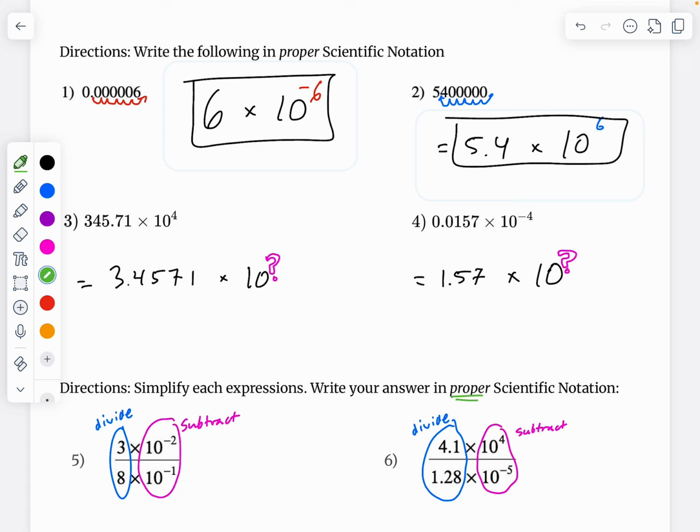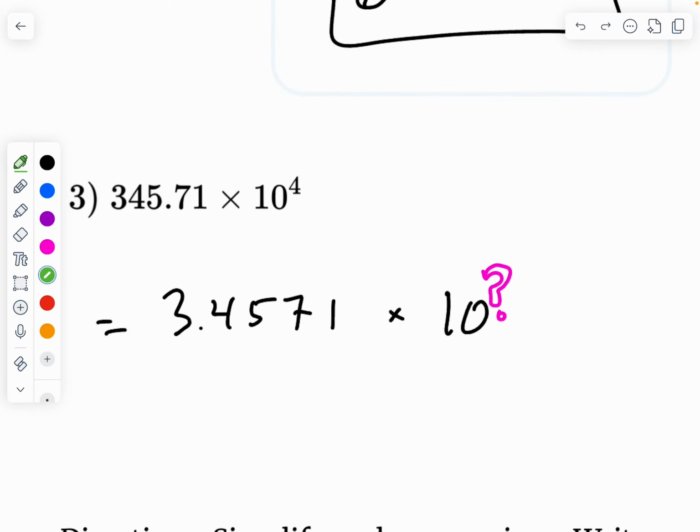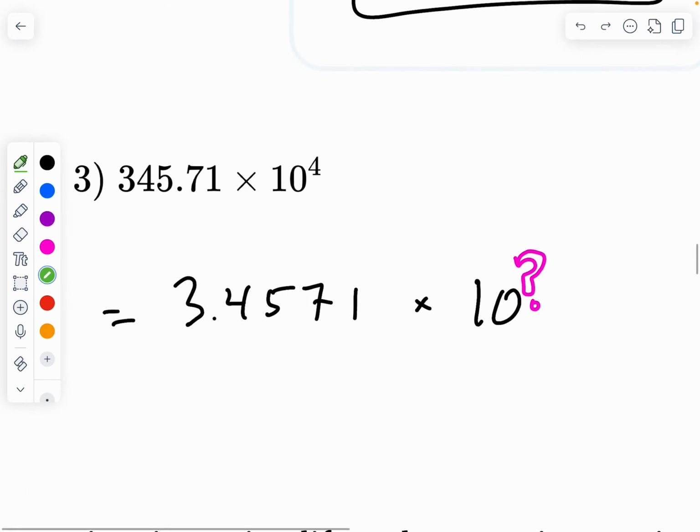Now let's go ahead and take a look at the next one here, number 3 and number 4. Number 3 and number 4 are not written in, what's the word? Proper form. So what would be the correct exponent? This is very good practice for our test. So put the decimal where you need it to be. Move it to where it was. How many decimal places is that?